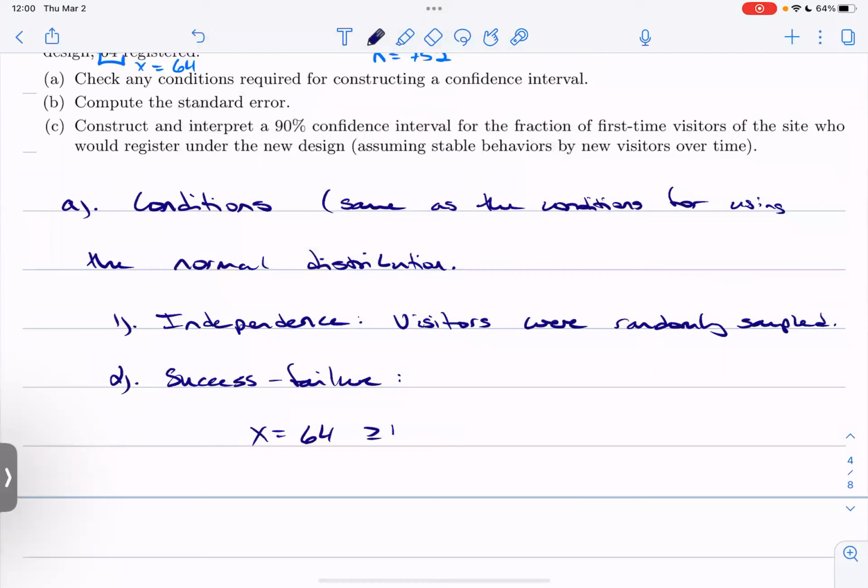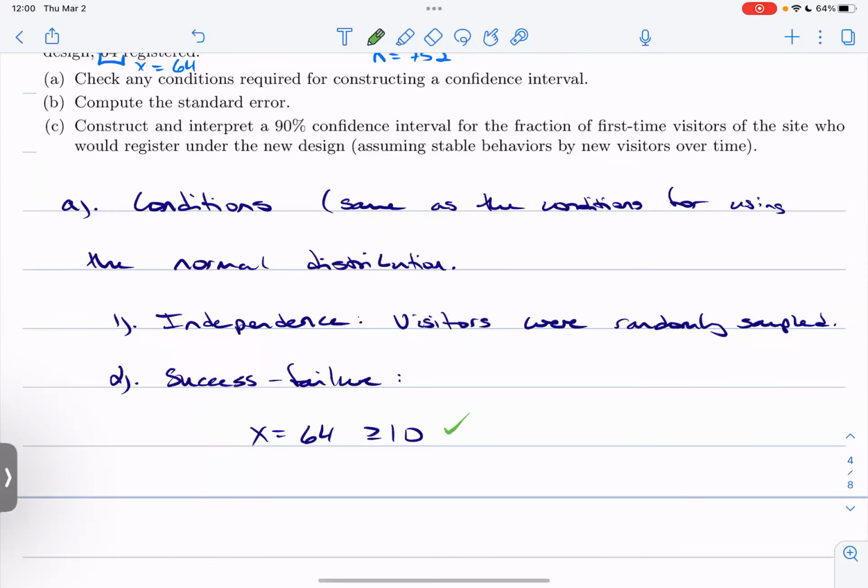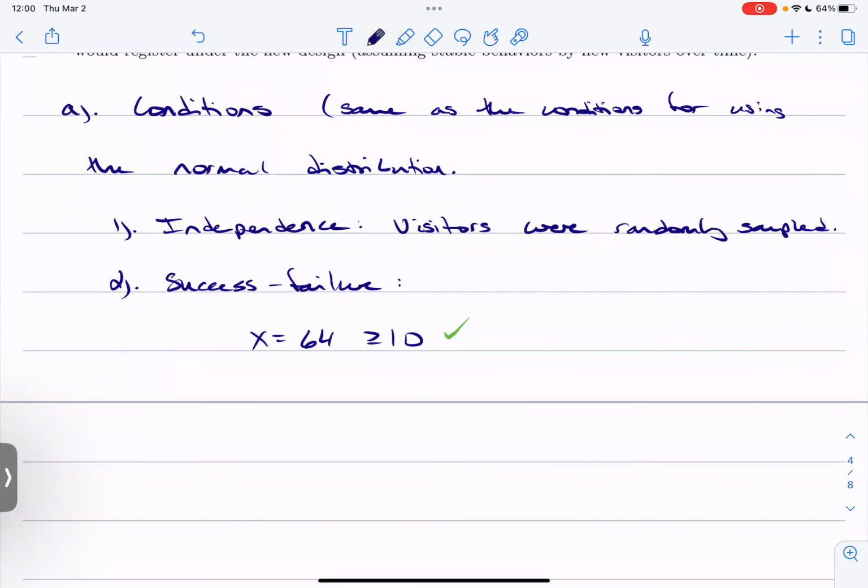So X is 64, which is greater than or equal to 10. I like to do a little check mark. Checks out. Right, which is the observed successes.